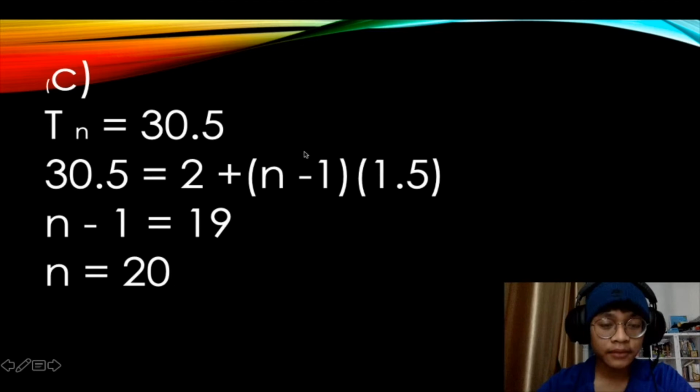We just change the position, then we will get n minus 1 equals 19. Then we move 1 over there, then we get 19 plus 1, then n is 20, that is the 20th row. 30.5 thickness is at the 20th row.